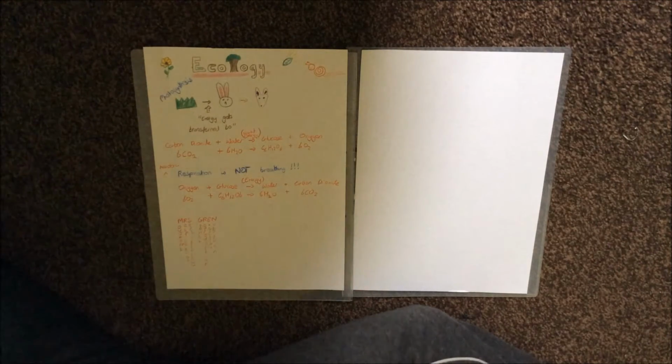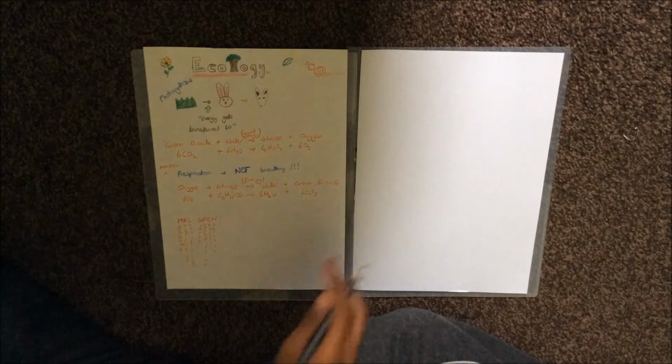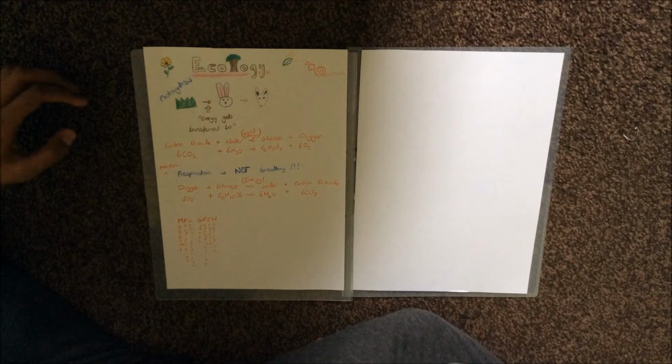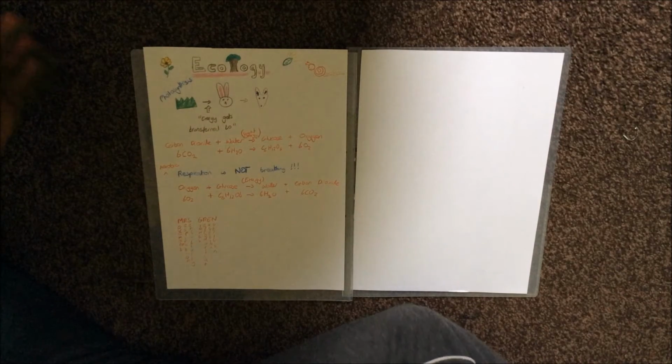So we have pyramids of numbers, which, for example, would go a bit like this. Say we have an ecology with oak trees, caterpillars, blue tits, and sparrowhawks, right?